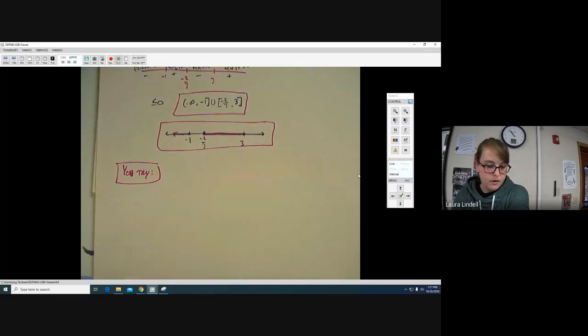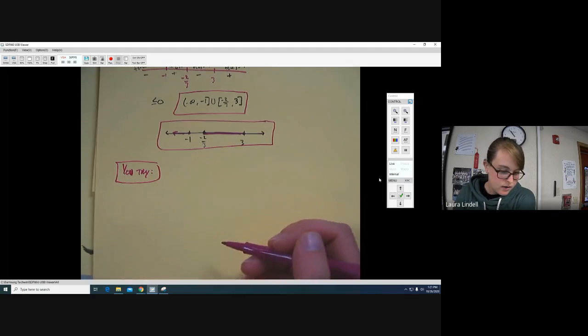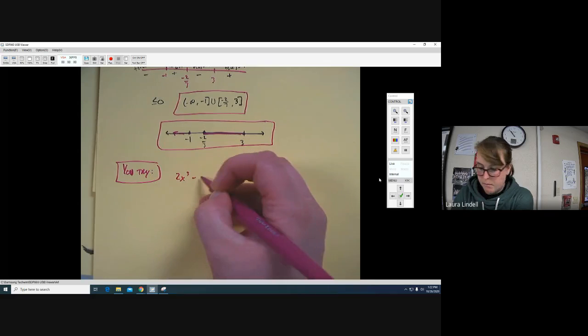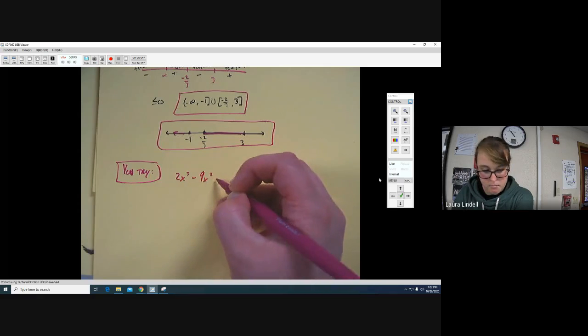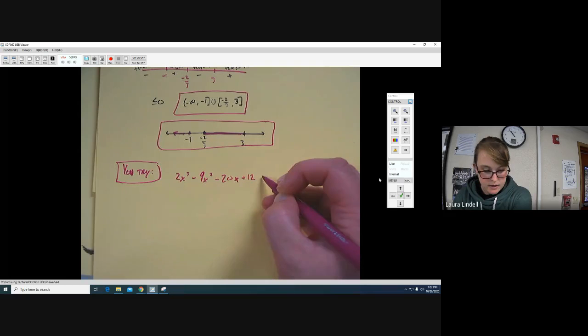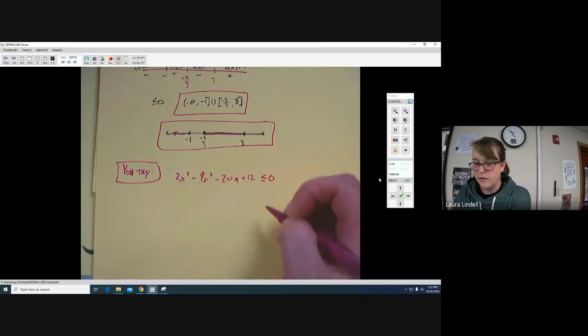All right. So the one for you to try is going to be 2x to the third minus 9x squared minus 20x plus 12 is less than or equal to 0.